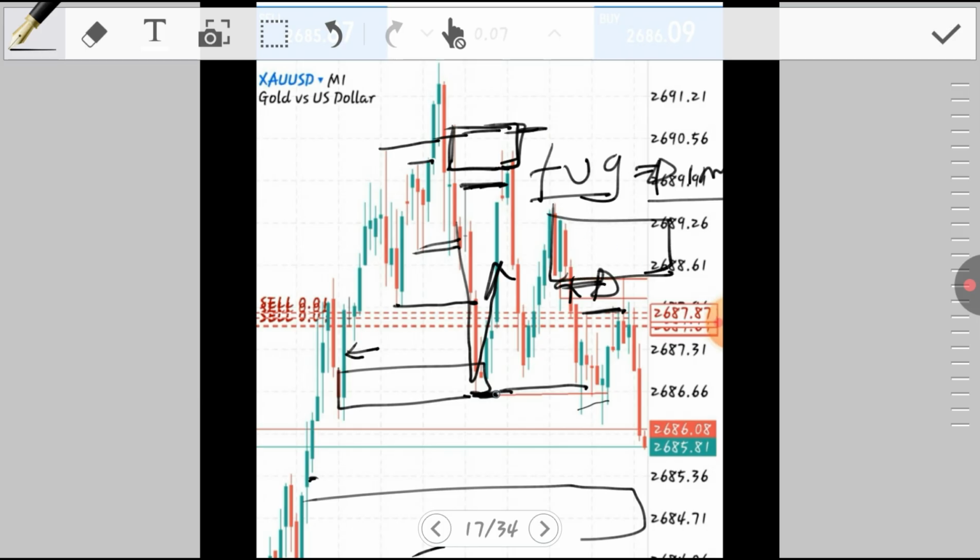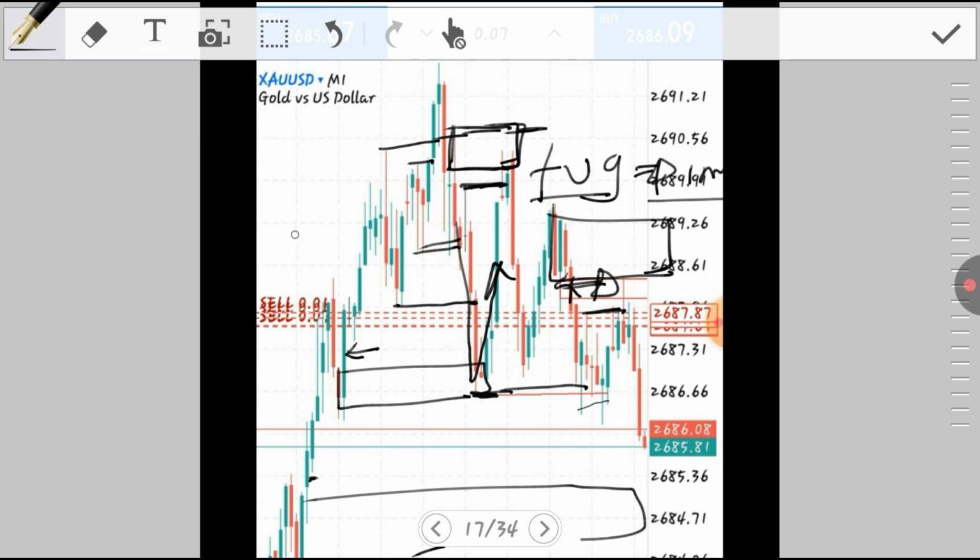After marking that, when the market comes to that point, there are things that you should follow before making an entry. You don't just enter into the market until you've seen some key features, which I'll be explaining in the next video.